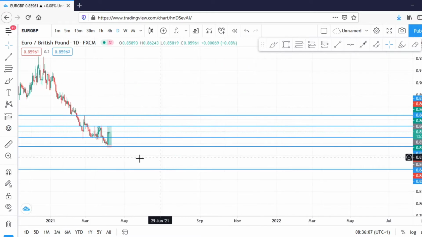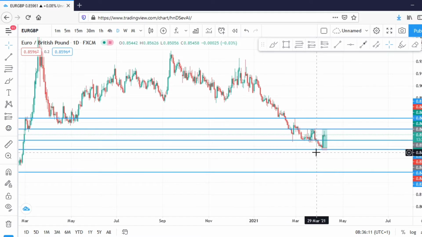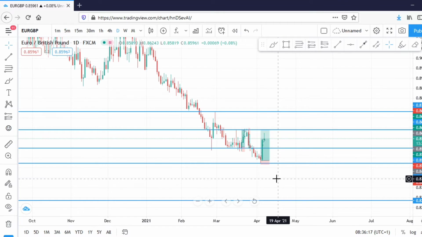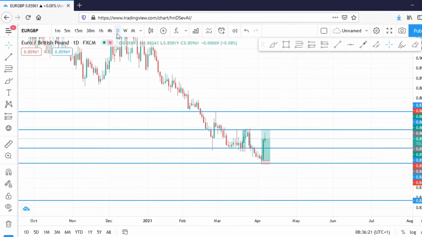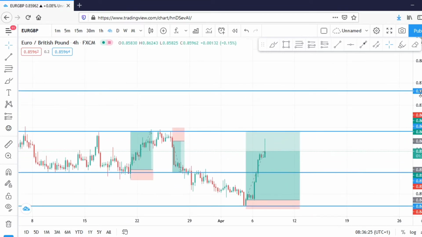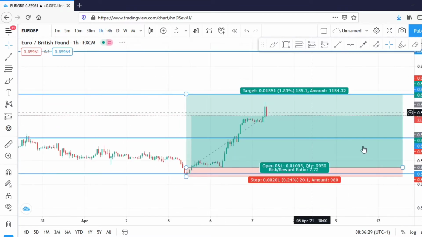When that happened, that's when I saw an opportunity to enter the market. I was like, if price gets down to this level again, it will be a great opportunity for me to enter the market. So I moved down to a smaller time frame to enter, which I actually entered on a 1 hour time frame. So I'll show you.